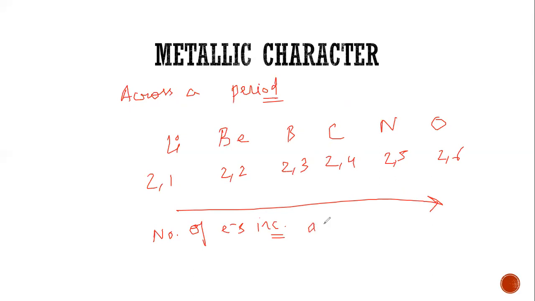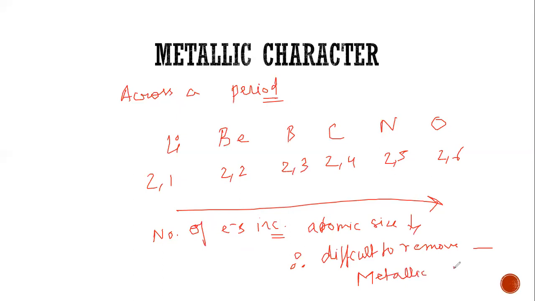So it decreases the atomic size. Therefore, it is difficult to remove an electron, that means the metallic character also decreases. So when we are moving left to right in the periodic table, the metallic character decreases.